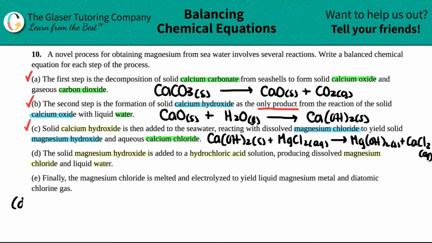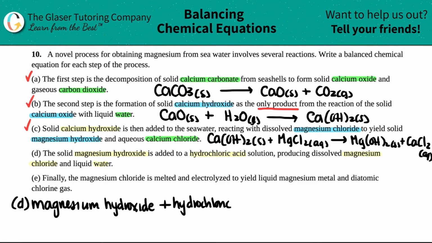So for D, what do we got? We have magnesium hydroxide is added, literally addition, to hydrochloric acid, producing or yielding or making, so that's the arrow, dissolved, just a fancy word for saying aqueous, right?